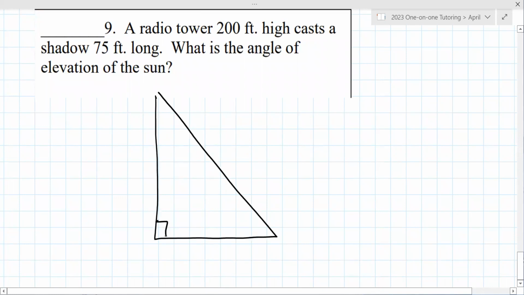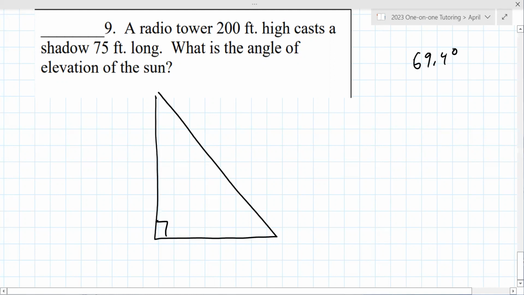Why not 75 feet long? So what's the angle of elevation it's asking? Well, you see, here I'm going to do a little tangent. It's going to be 69.4 degrees.